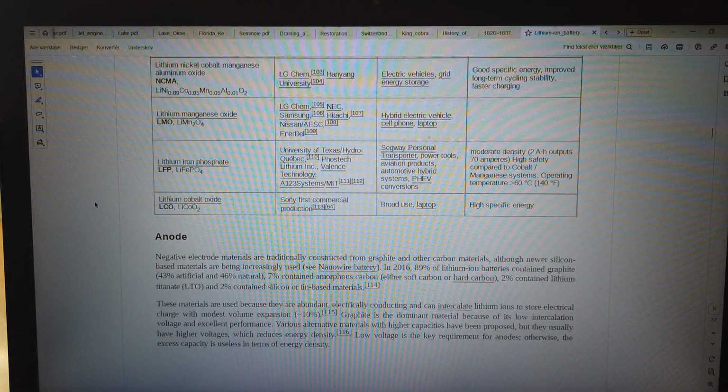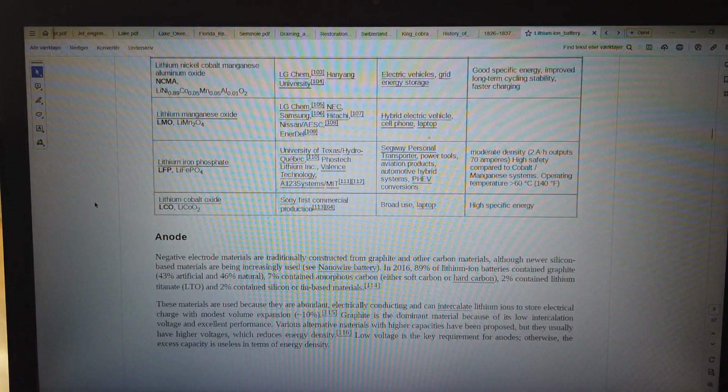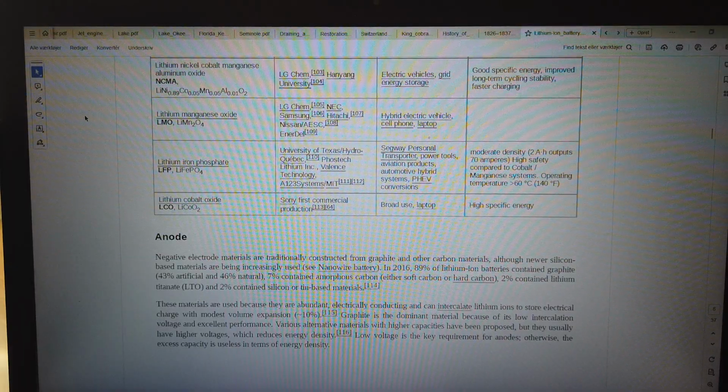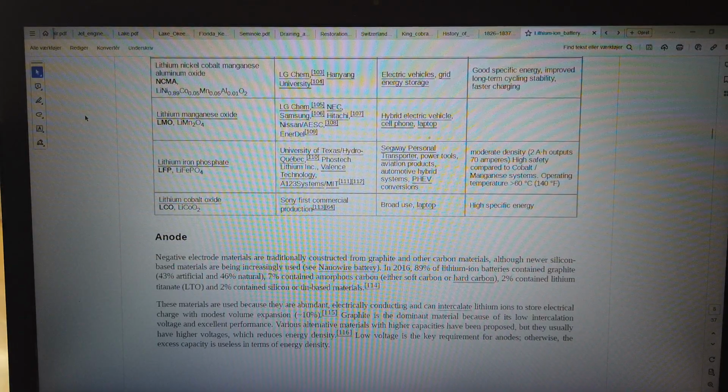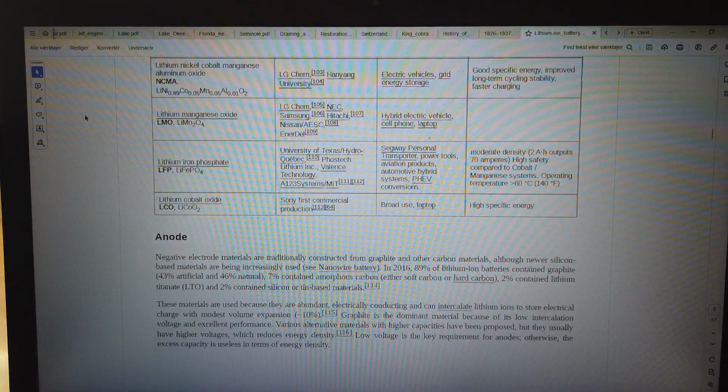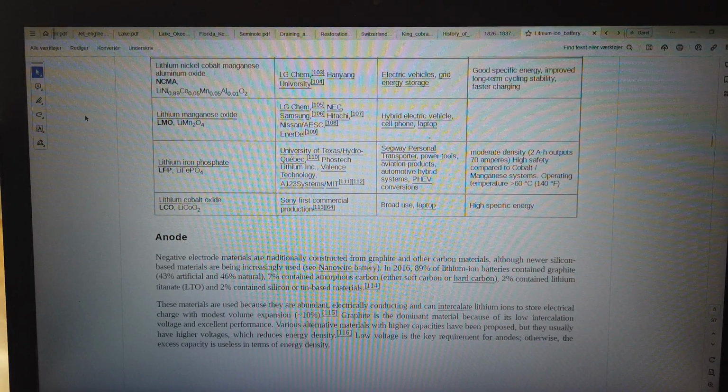Various alternative materials with higher capacities have been proposed, but they usually have higher voltages, which reduces energy density. [116] Low voltage is the key requirement for anodes, otherwise, the excess capacity is useless in terms of energy density.